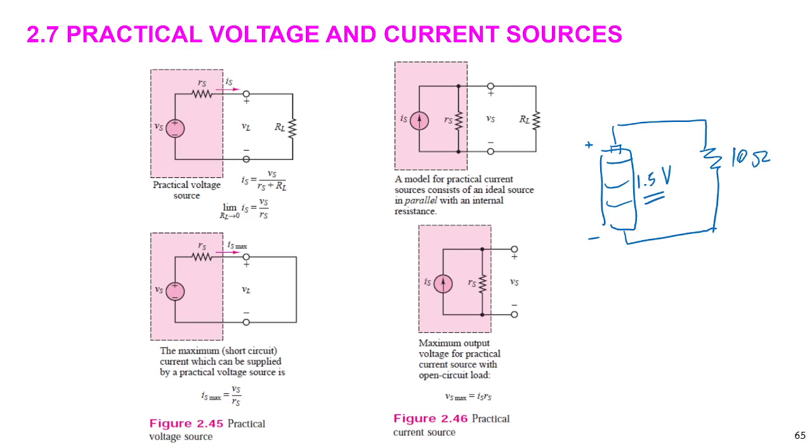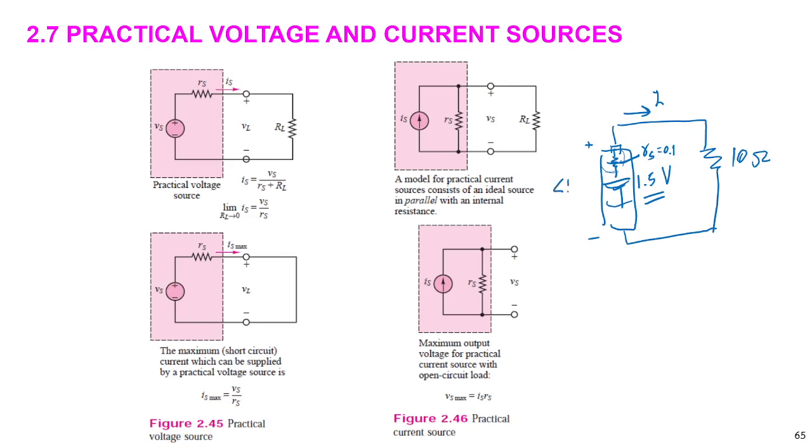But in fact, when the battery takes the load, takes the current, there is the internal resistance here. We call it R source, the resistance of the source. When the current flows, for example, if the resistance of the source is 0.1, the current flowing through this resistance will drop the voltage at the terminal.